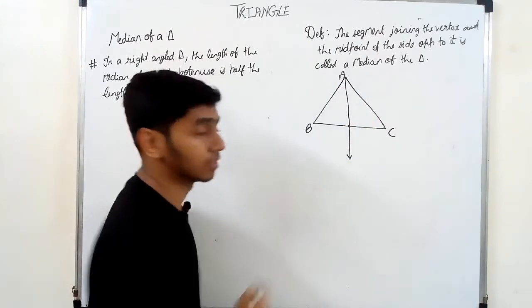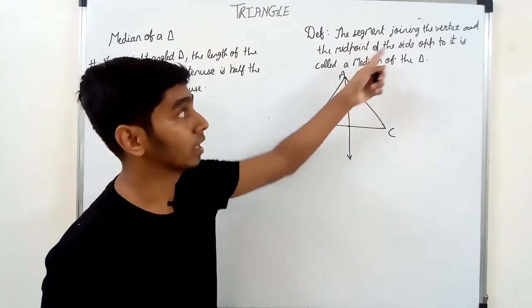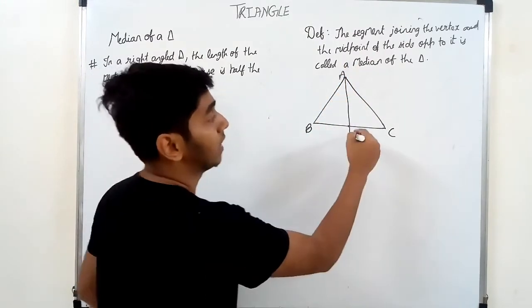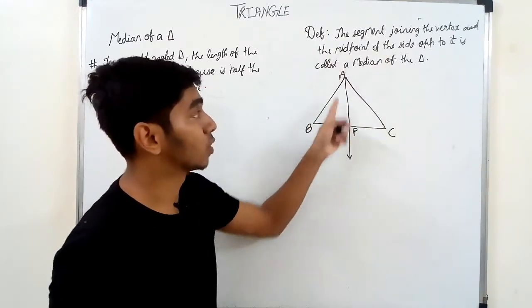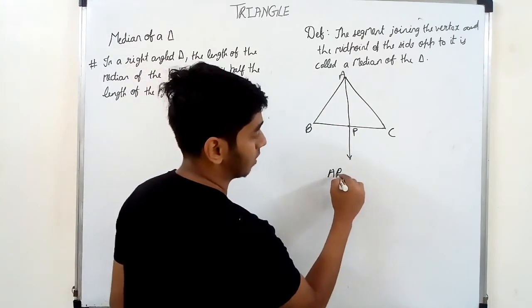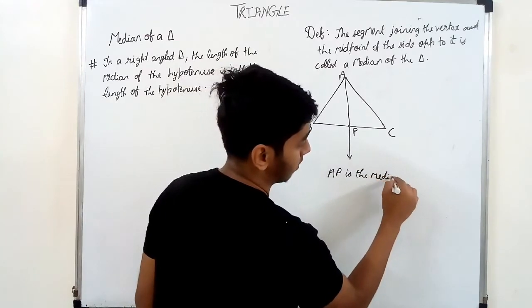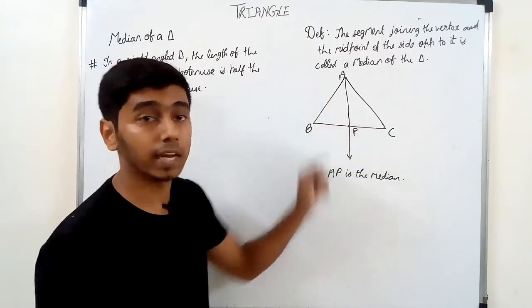If we are drawing this, a segment joining the vertex and the side opposite, which is BC, at point, let's say this as P. This is called a median. So here AP is the median.